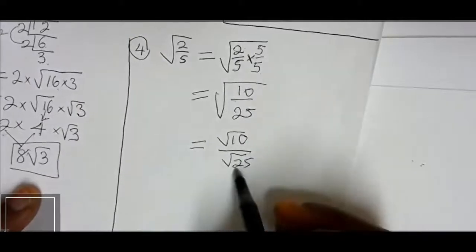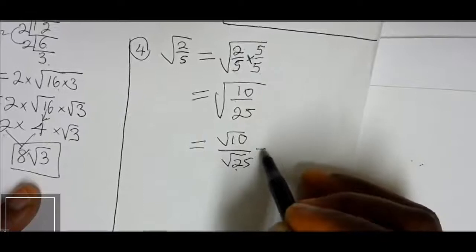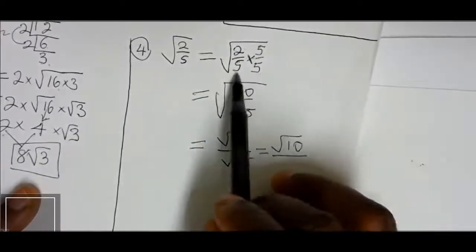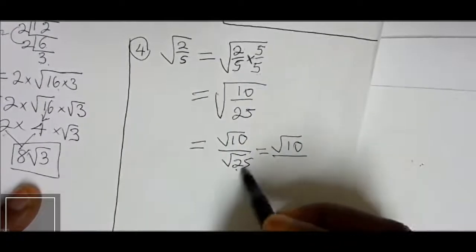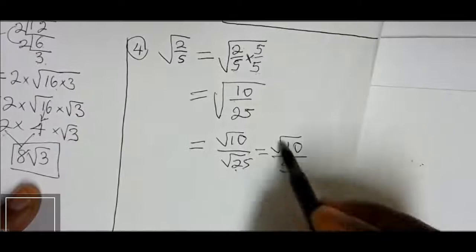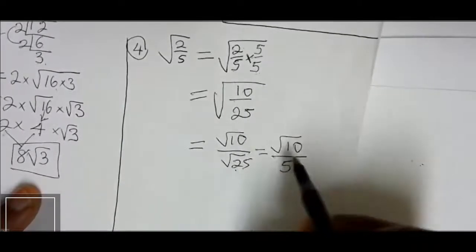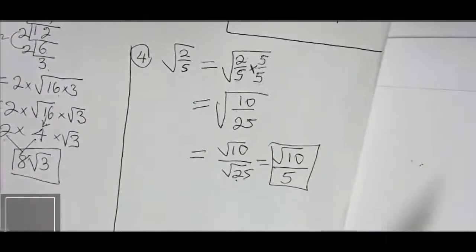Okay, so 25 now is a perfect square because 5 times 5 is 25. And that's why we multiply by the denominator, so we can get identical squares. So now we put this 5. So that removes the square root under the denominator and removes the fraction under the radical. It is now in simplest form.